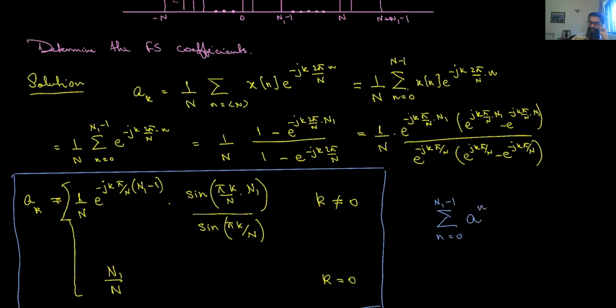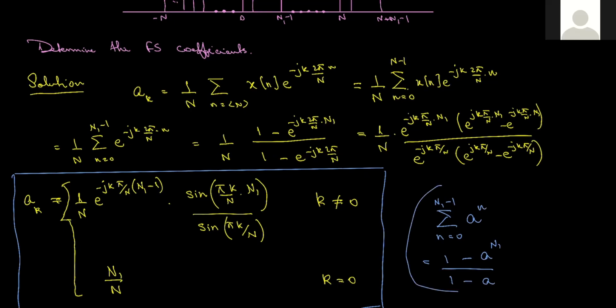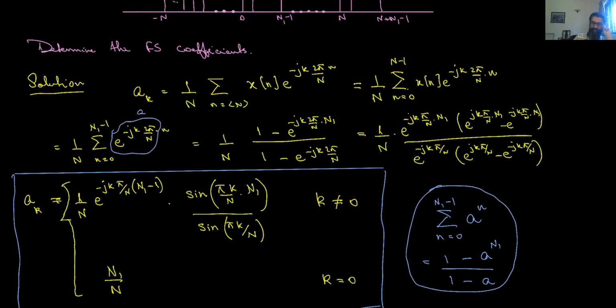What is that equal to? That is equal to 1 minus a raised to power capital N1 divided by 1 minus a. This is what I've used. Oh, okay. ठीक है, तो आप इसमें a जो है, a is just this thing here. A is this thing here. Okay. ये है. Thank you. This is a. ठीक है? Yes. Thank you, sir.